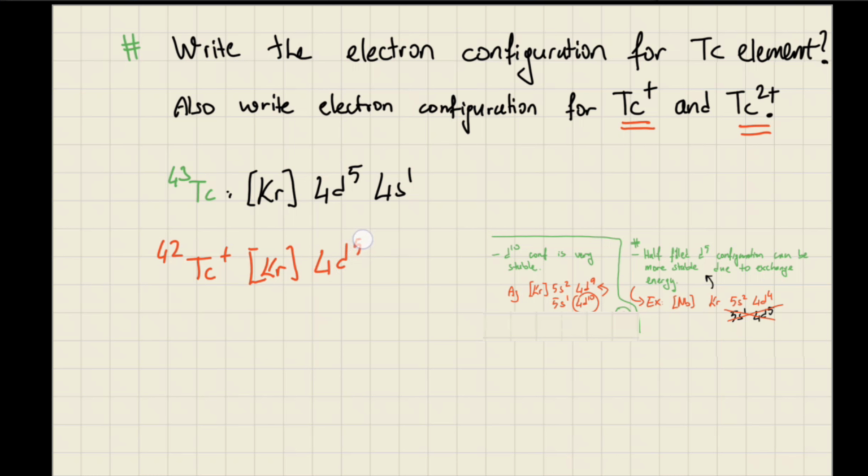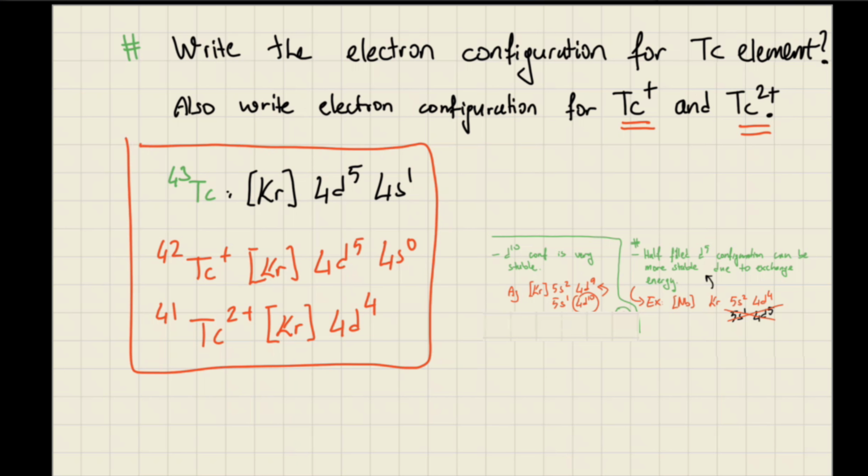Therefore, the correct electron configuration for this element should be 4d5 and 4s0. And for the Tc2 plus, it has 41 electrons, and the correct configuration should be 4d4. So this is the answer to our question.